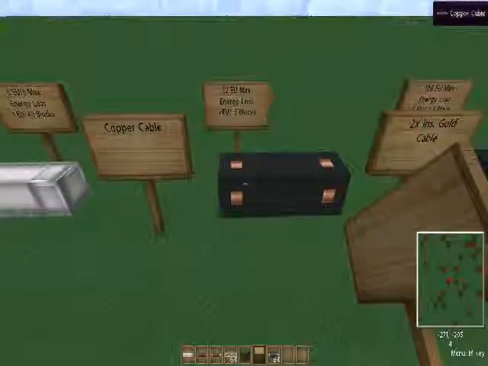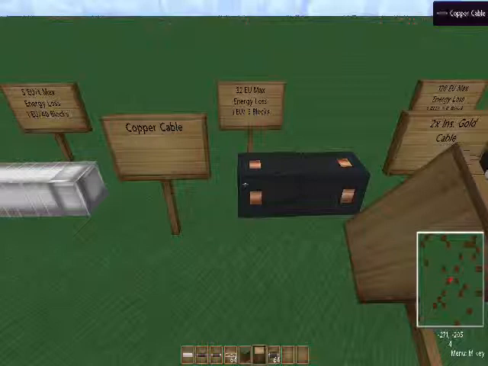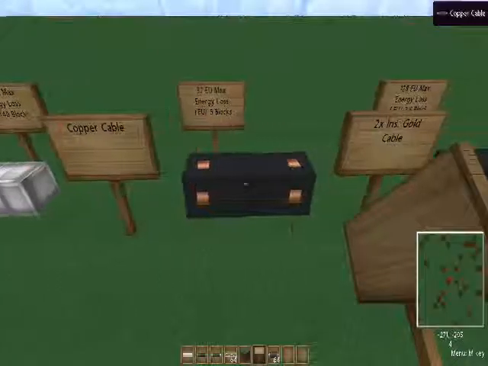Next up we have the copper cable. It's the most commonly used cable in Feed the Beast. Can carry 32 EU max. Its energy loss: for every 5 blocks of copper cable, you lose 1 EU.